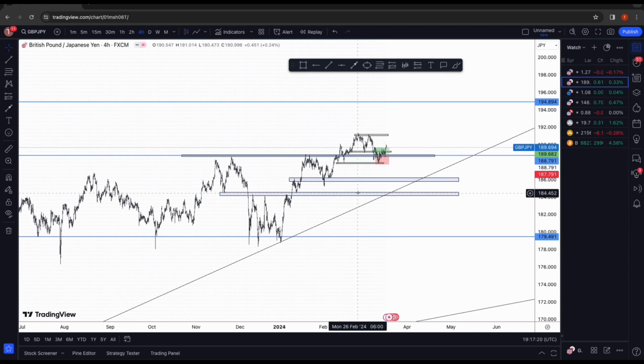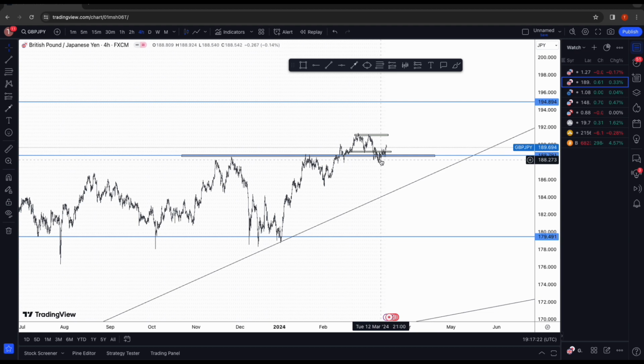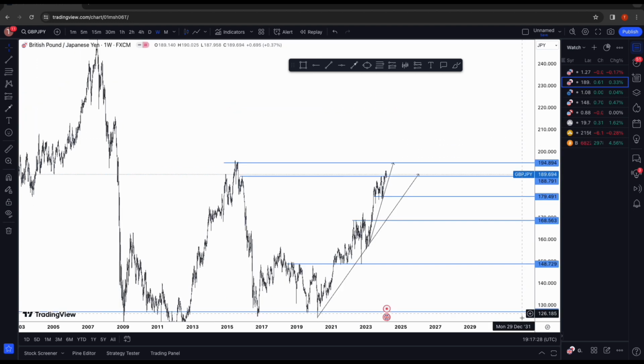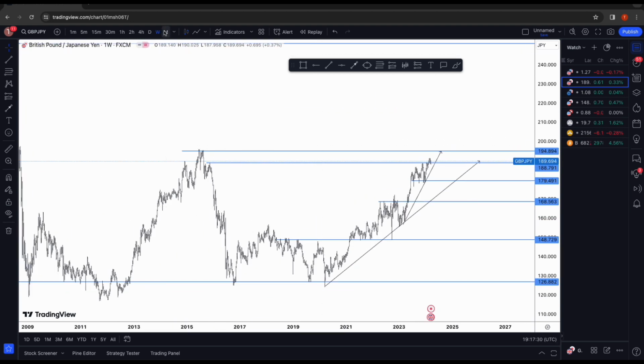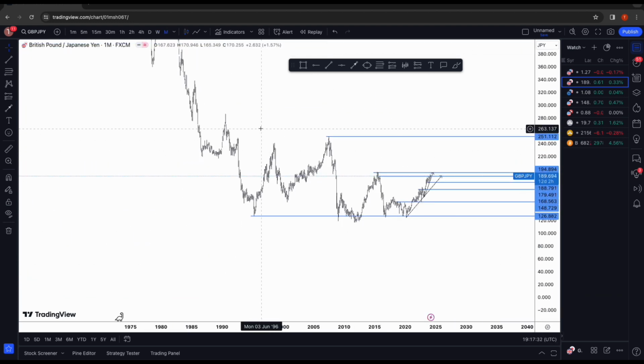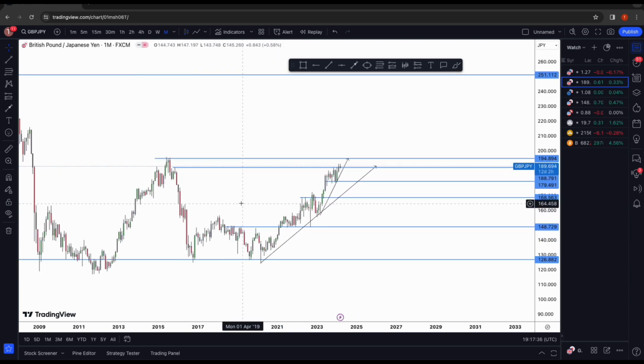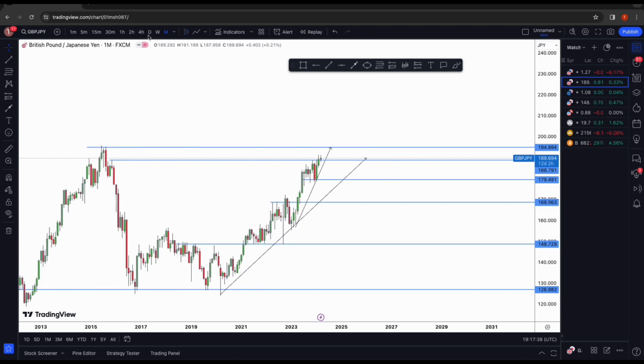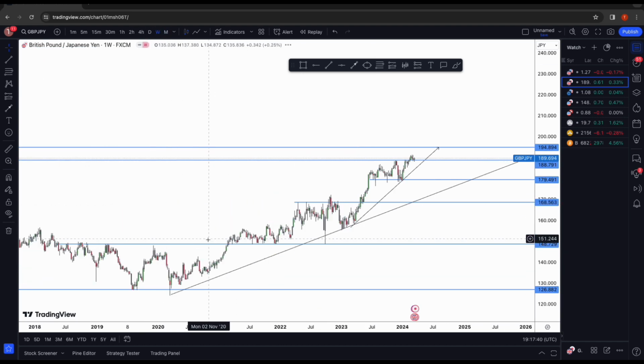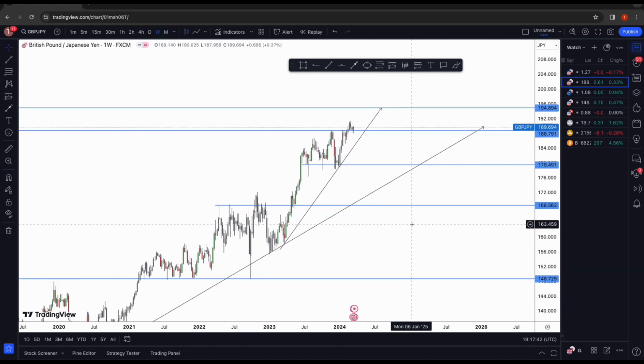Get some of these zones off, see what we're dealing with. So again, monthly, mark off some key levels, some highs and lows. Current market direction is bullish, getting quite steep.